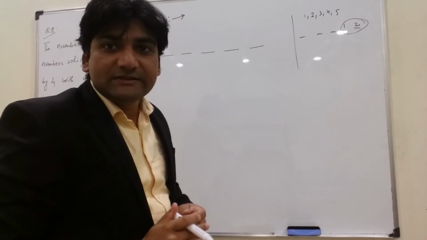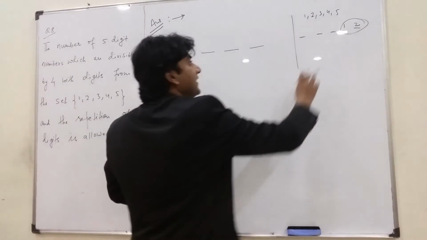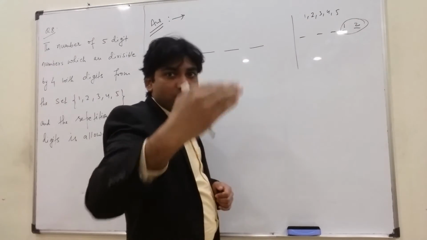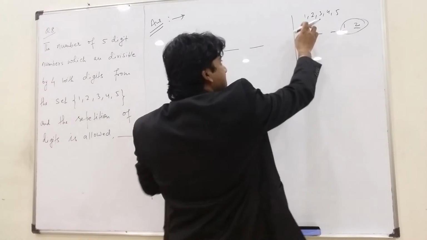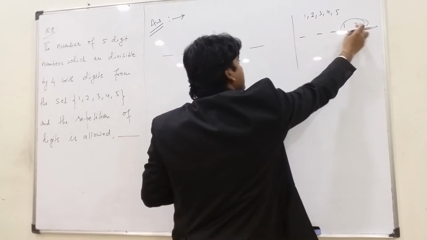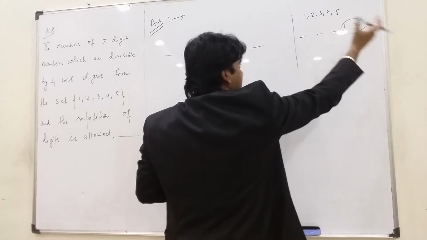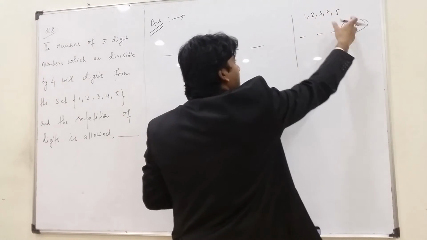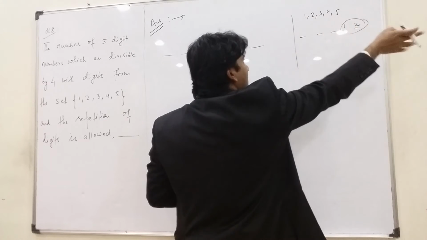And 12 is divisible by 4. It means 12 is possible. So let us discuss one by one. If I start with 1, then 1 and 2 is valid. 1 and 3 is not divisible by 4. 1, 4, 14 also not. 1, 5, 15 also not.